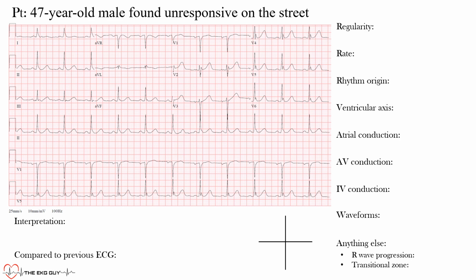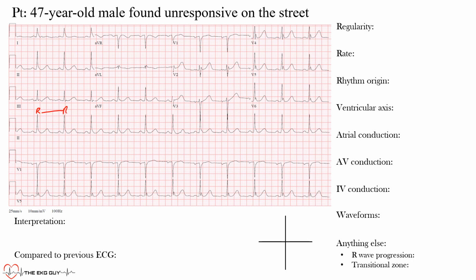So the regularity, when I ask if the regularity is regular or irregular, I'm looking at the intervals between different waves or segments, okay? So what you want to do here, and the easiest way, is to use these R waves, okay? So this is an R wave here, the first positive deflection of our QRS complex, and here's the next R wave.